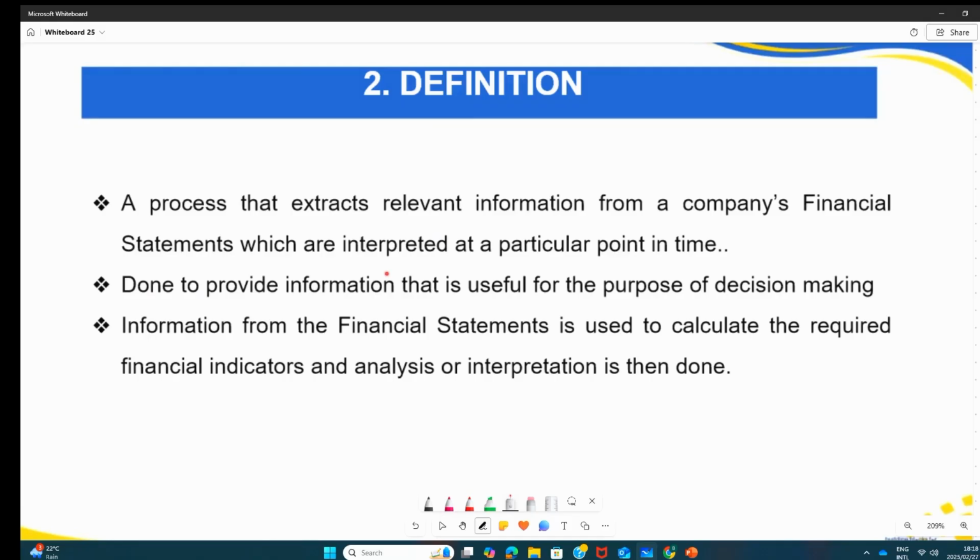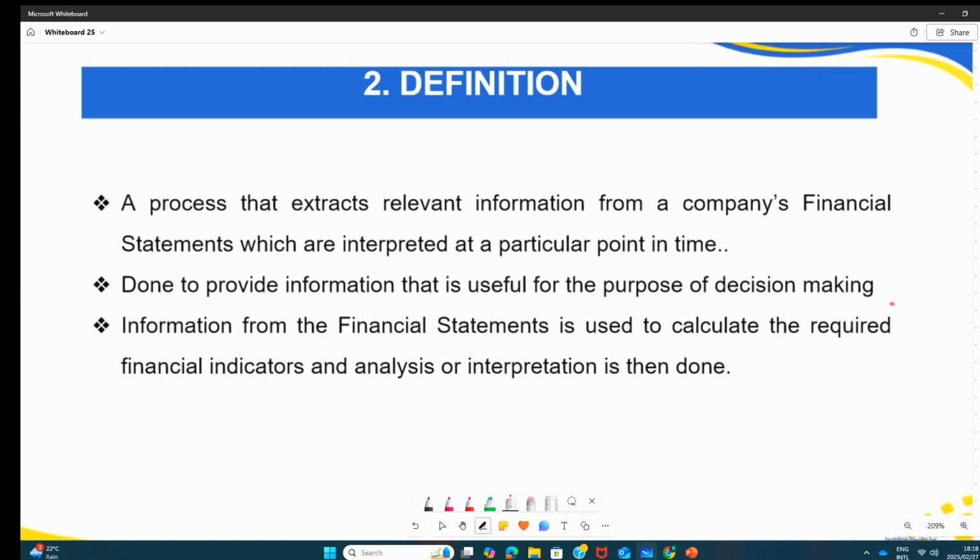This information is used because businesses might need to make very important decisions in terms of bettering the running of the business. Also, there are users of the financial statements who might be interested in looking at these financial statements to make important decisions as well.